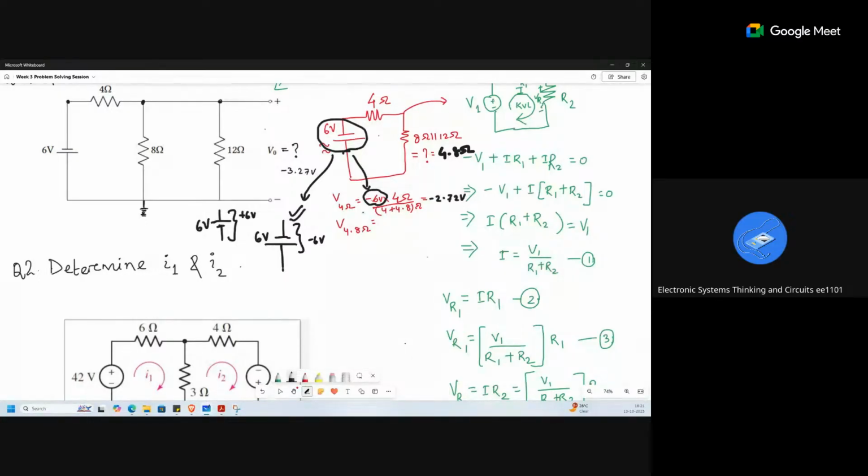We multiply the total voltage with the resistance across which we are finding the voltage, divided by total resistance. Similarly, for 4.8, minus 6 multiplied with 4.8 divided by 4 plus 4.8. So how much will you get?